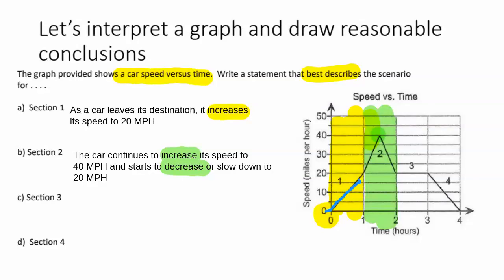Now, we then have scenario 3. Well, that is this gray area. Okay. Well, notice it's a horizontal line. The car continues to move at a steady rate of 20 miles per hour for 1 hour.